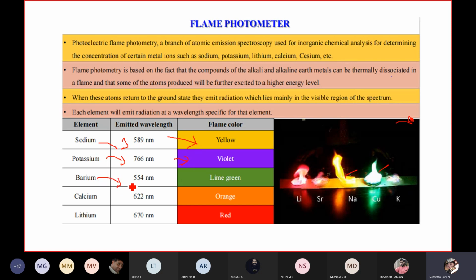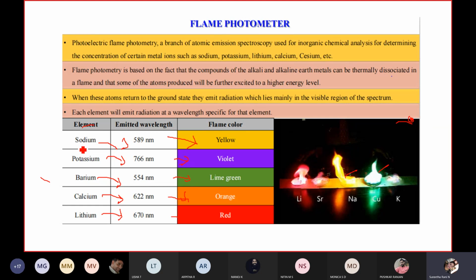Barium at 554 nanometer gives lime green color. Calcium at 622 nanometer gives orange color. Lithium at 670 nanometer gives red color. At different wavelengths, the elements emit these colors.